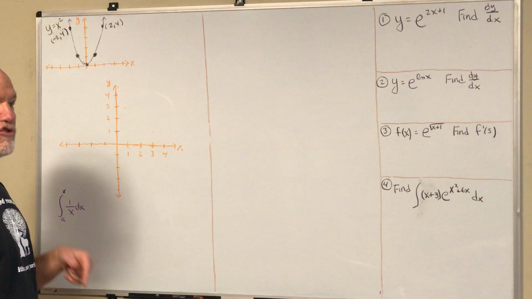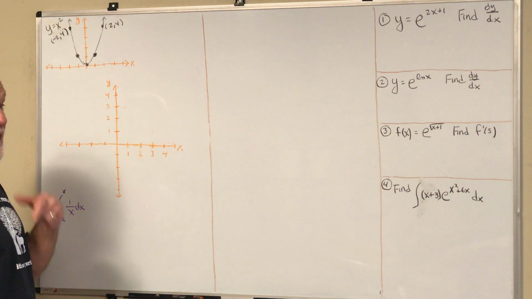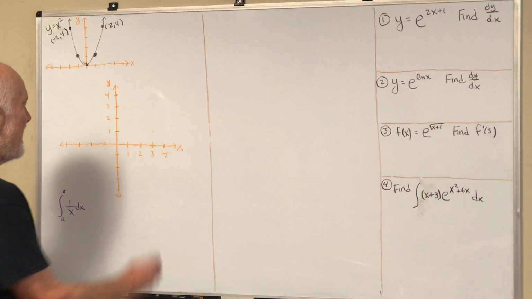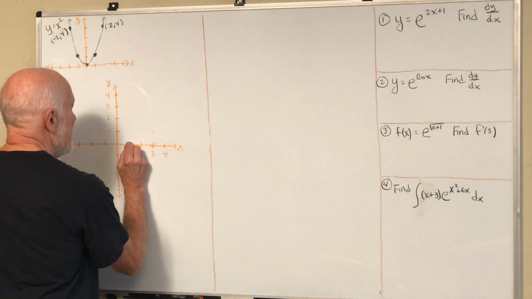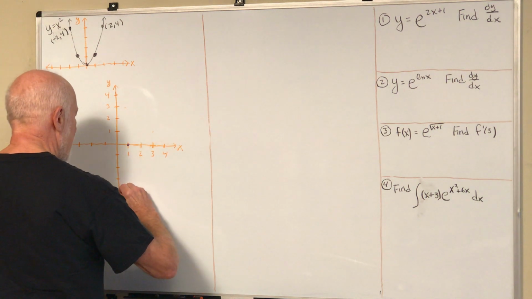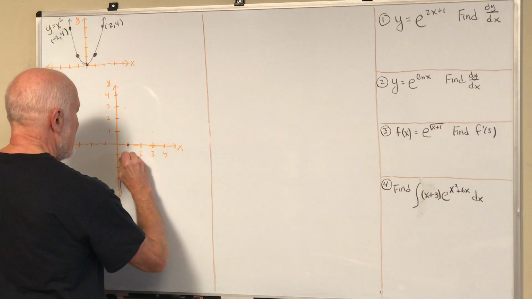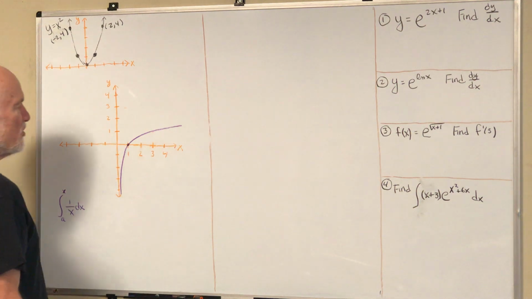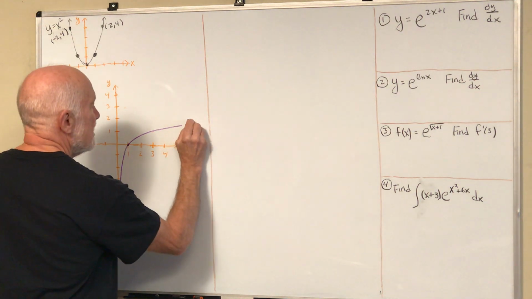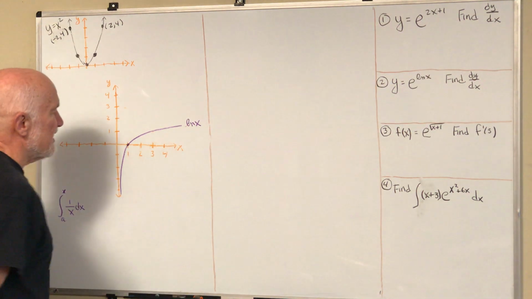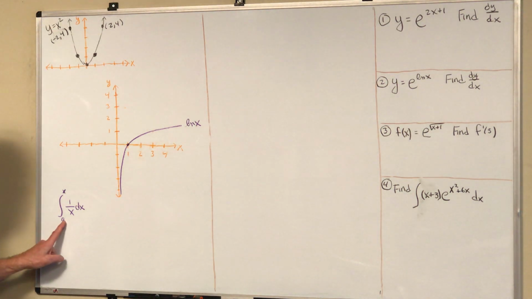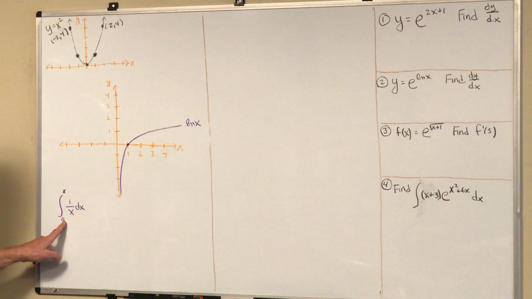But the actual natural log function, or any log function, when you plug in 1, you get 0. So it has to go through the point 1, 0. So we picked the particular member of the family, the one that goes through like this. So we call this the natural log of x, and that's when a was equal to 1.